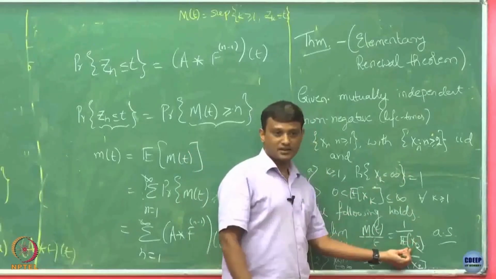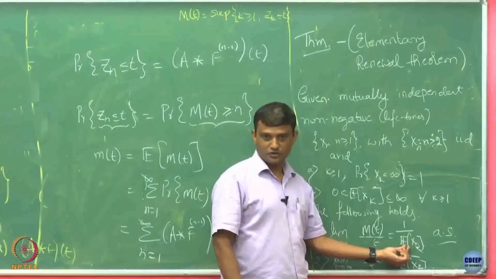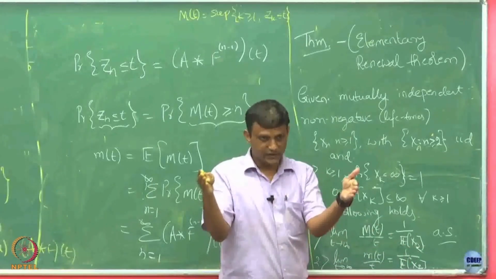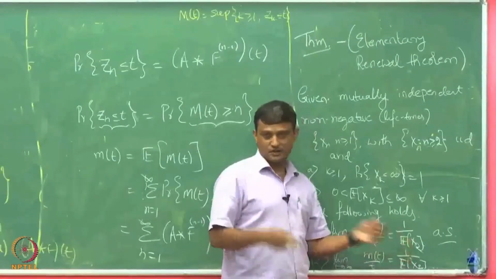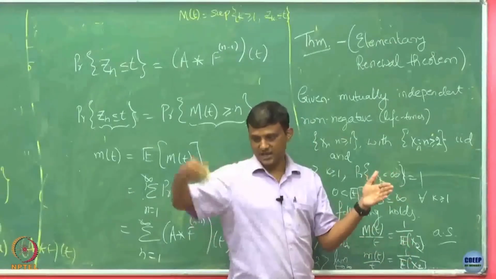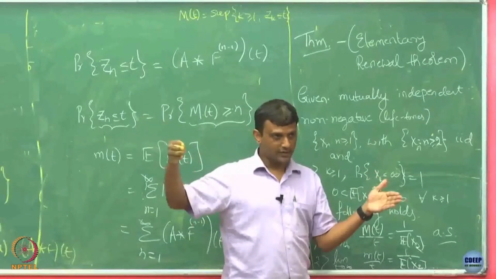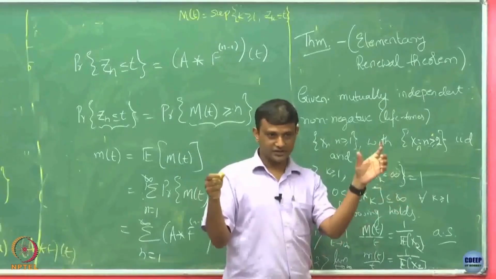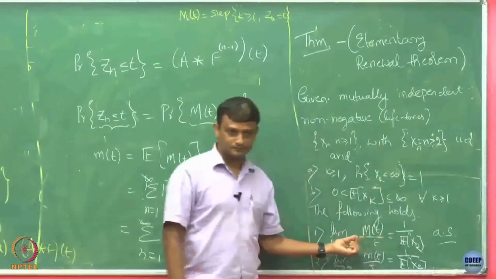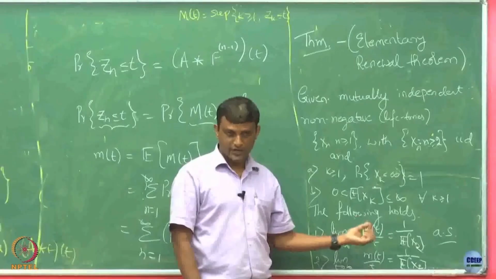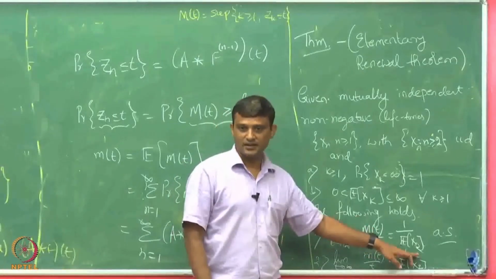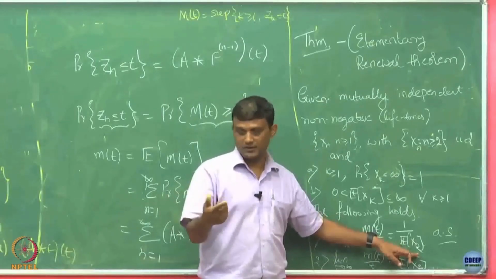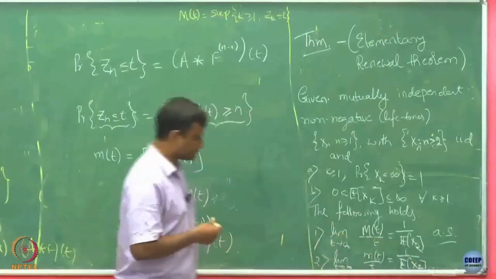If this expectation is large, that means the renewals are happening after a long time, so you do not see many renewals in a given duration 0 to t. So that is why the number of renewals per unit time is inversely related to how frequently you observe these renewals, okay.